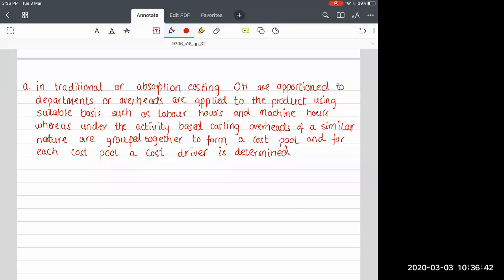And activity rates are used to apply overheads.